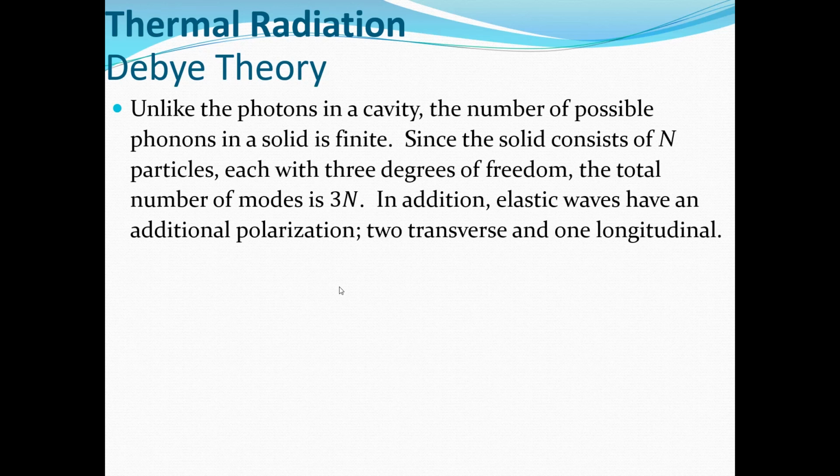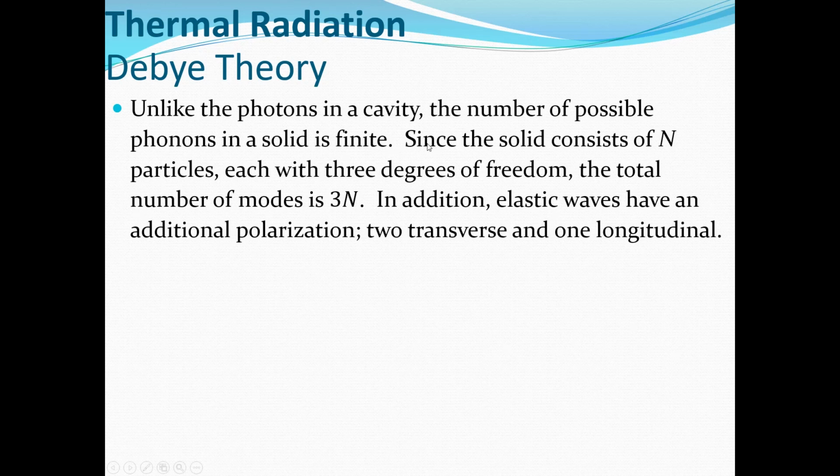For example, with phonons there is a finite possible number that we can have, based off of things like the physical aspect of it. With photons, we could just keep sending in more and more; we can have an infinite number, but here we will have a finite number of phonons possible.